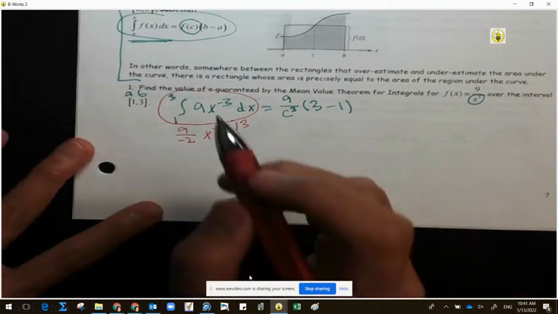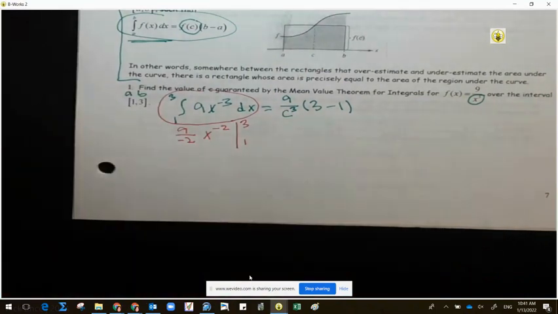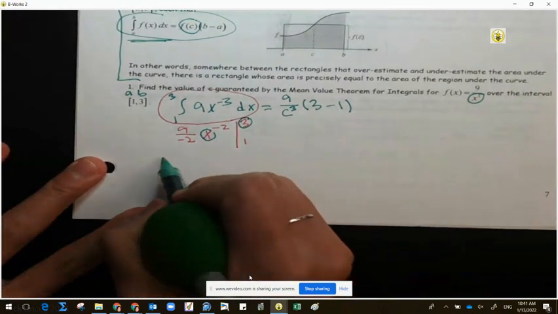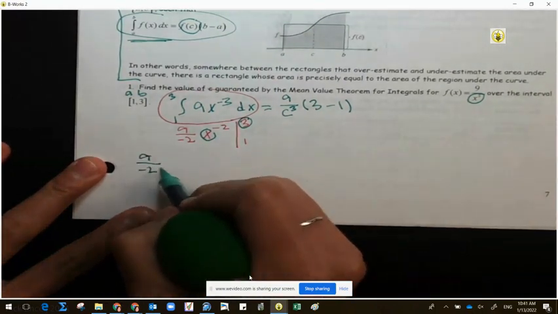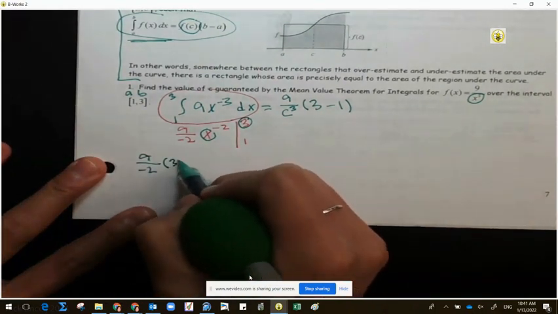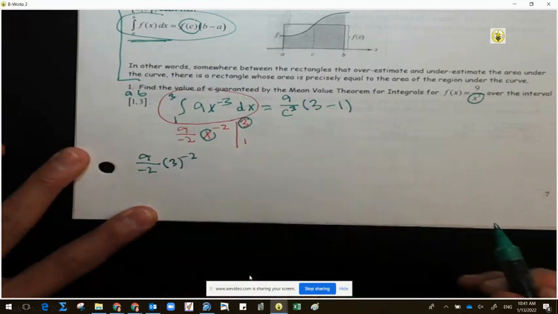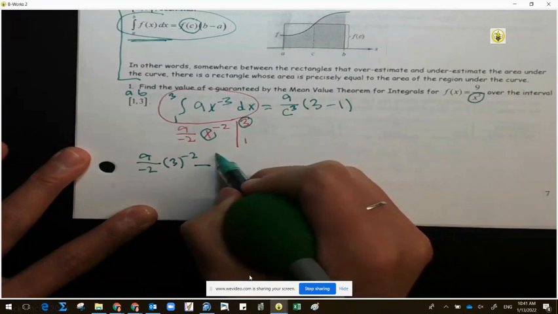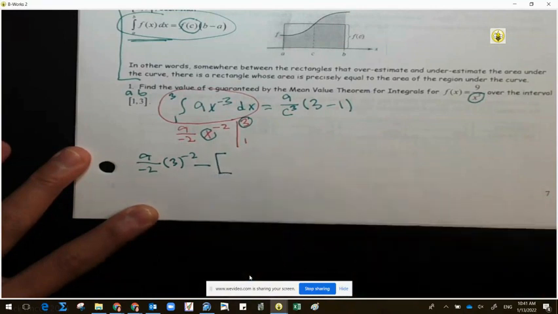Now let's plug it in. Anywhere I see an x, I am going to plug in what number? The 3. So we get 9 over negative 2 times the 3 to the negative 2, minus, and because of that negative, I have to distribute a lot of things.